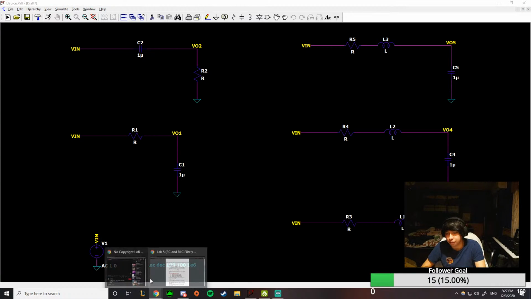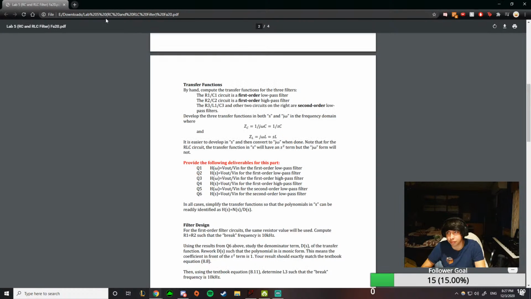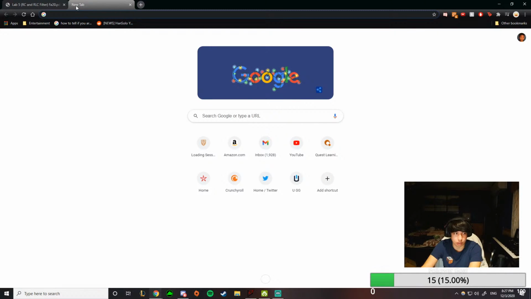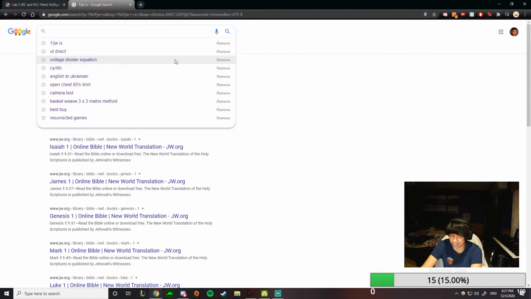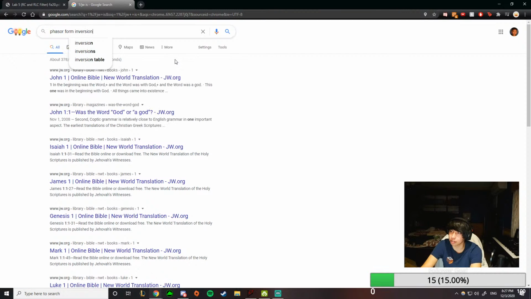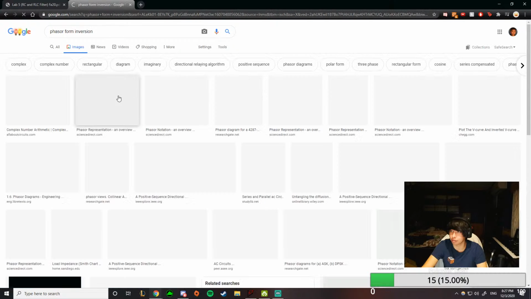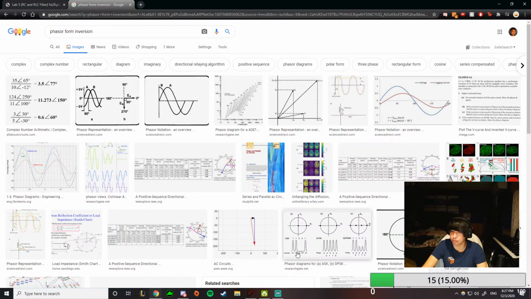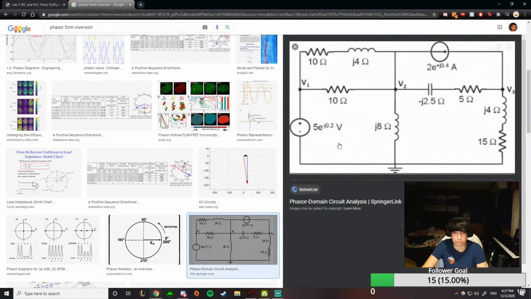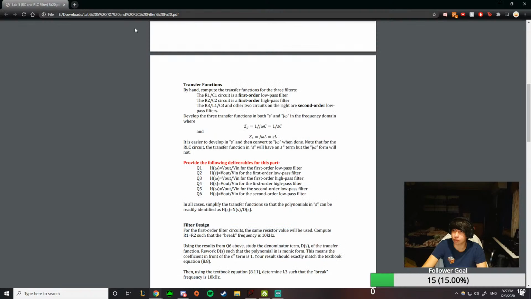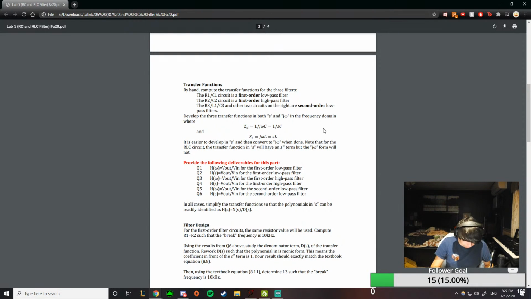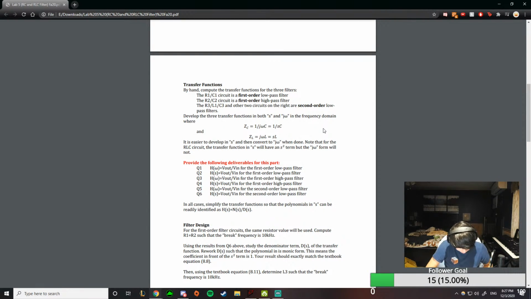I forgot. 1 over jw is... Okay, that's not all I want. Phasor form inversion. Not really what I want. Alright, whatever. Probably fine. I hope.